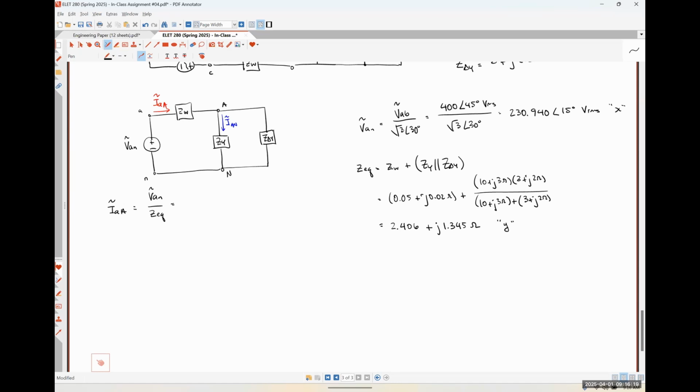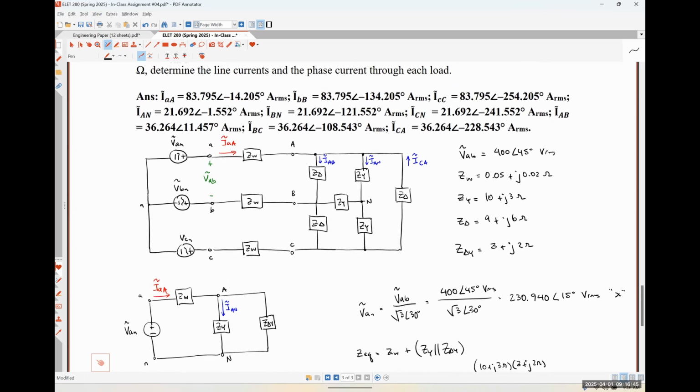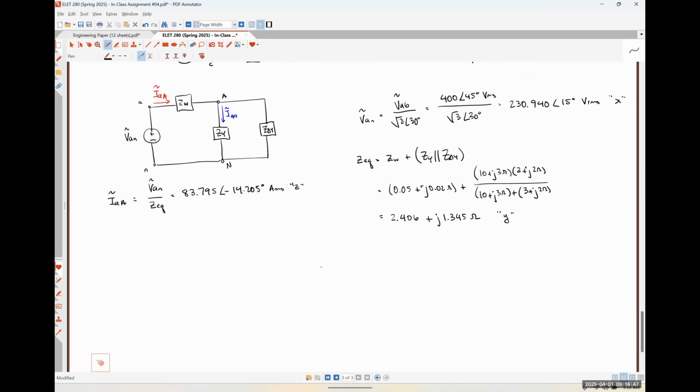So it's what I have in my calculator as X over what I have in my calculator as Y. And I got that to be 83.795 and some change with an angle of negative 14.205. And I'm going to store this as Z. And just as a sanity check, looks like I got the right result.